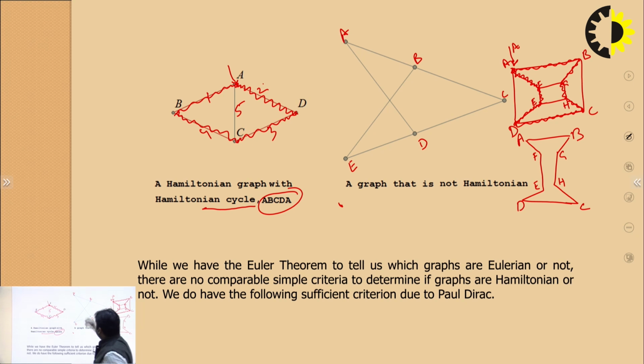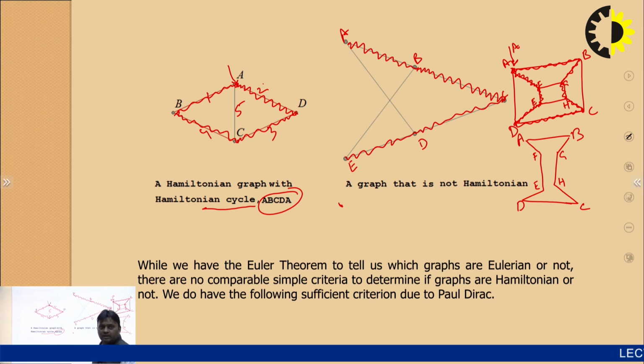We see that if we traverse this, go with B, C, D, E, all vertices are traversed, but the start and end points are not the same. Then a Hamiltonian cycle will not form in this graph. So this graph is not a Hamiltonian graph.